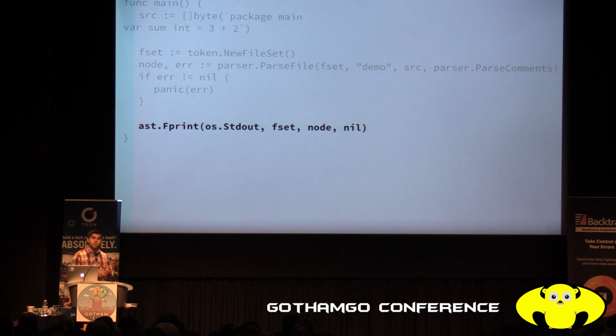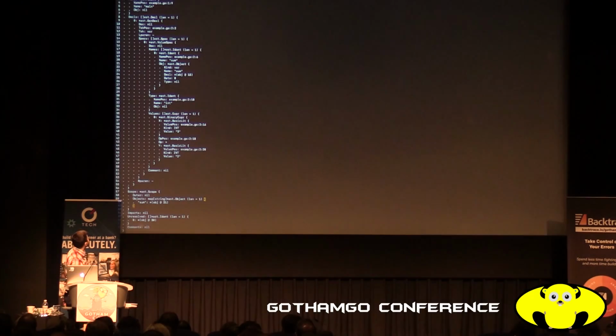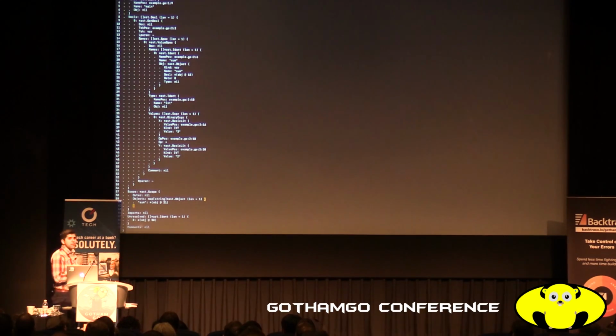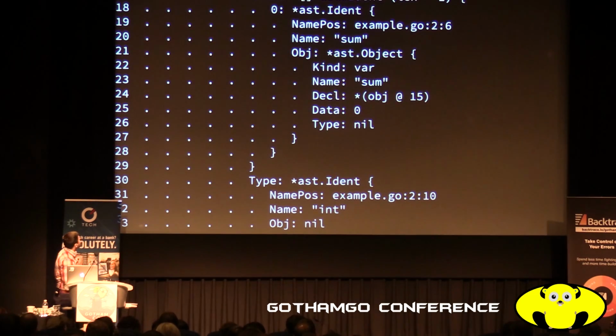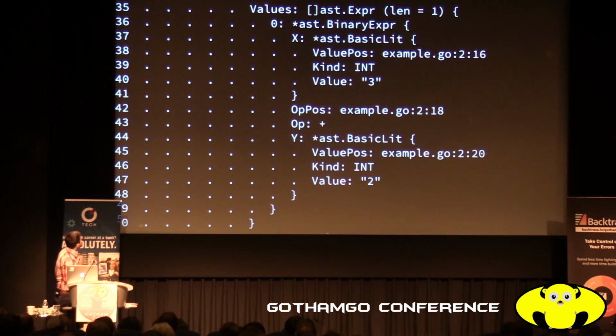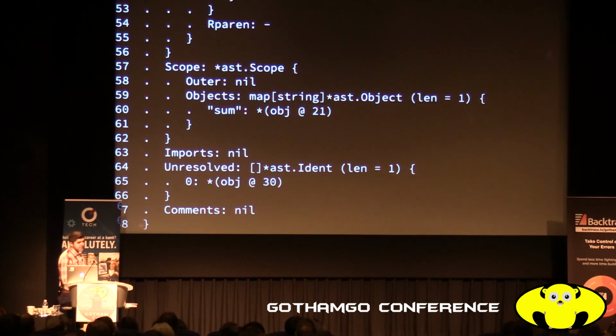We can print it in various ways. For this example, I'm going to use ast.Fprint, which prints it in a very long way, like this. But I've enhanced it for you. This is an AST file, and you see the names, the declarations, the types, the values, and many other things.